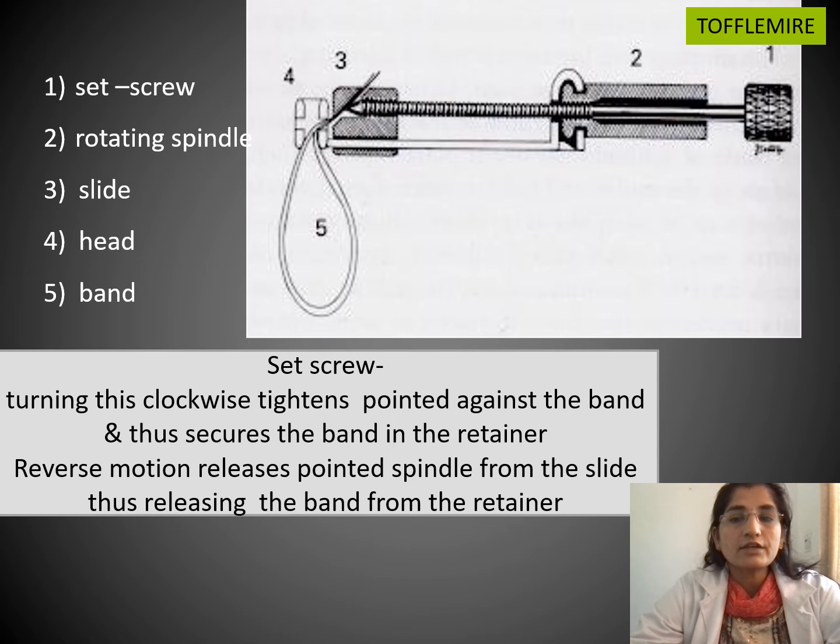Individually, the set screw works like this: if you turn it clockwise, it tightens the band and thus secures the band in the retainer. If you turn it anti-clockwise, in reverse motion, it helps in releasing the band from the retainer. So that is the function of the set screw.